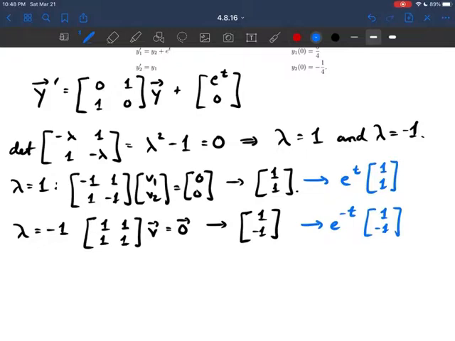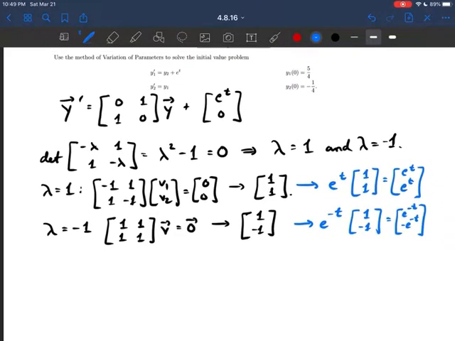Right, it's e to the t because it's e to the lambda t, so e to the 1t, and then e to the minus t because it's e to the negative 1 times t. Those are two solutions. We can multiply them in and get vector forms. So we have e to the t, e to the t, and we have e to the minus t, minus e to the minus t.